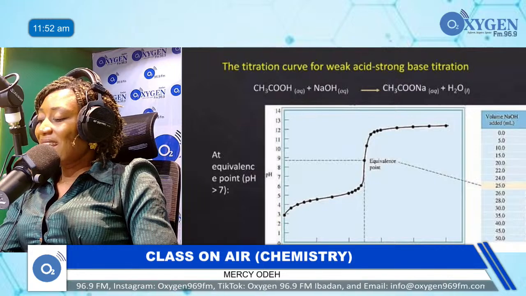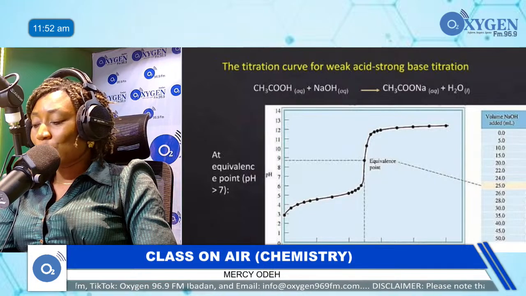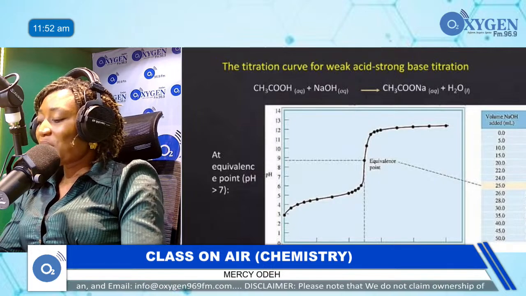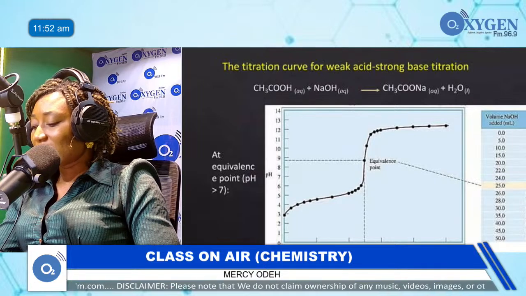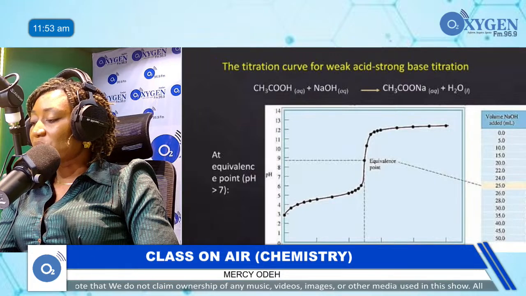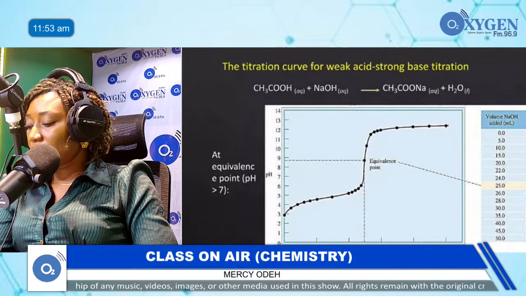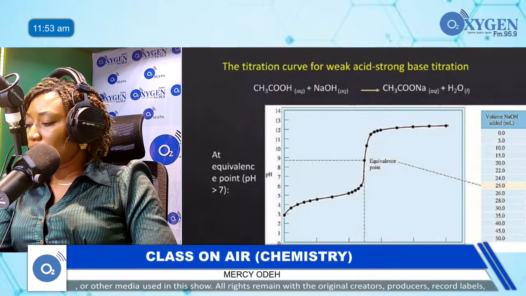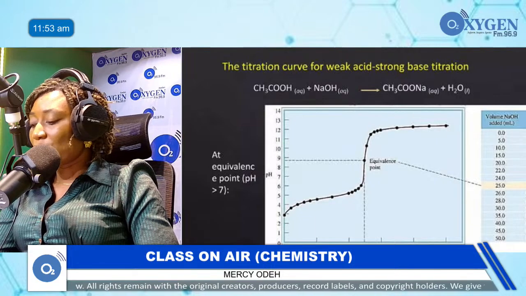So in this case, we can use any indicator that falls between that range. And when you check the pH range, in that case it is methyl red. Phenolphthalein has a pH range of 8.0 to 9.8.